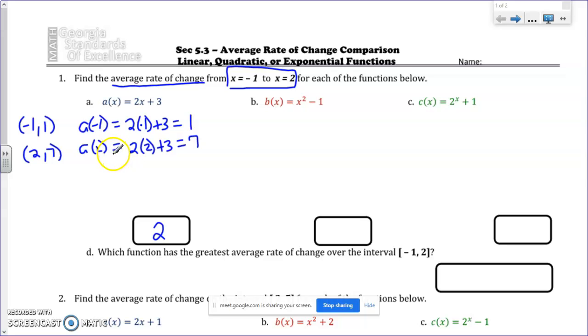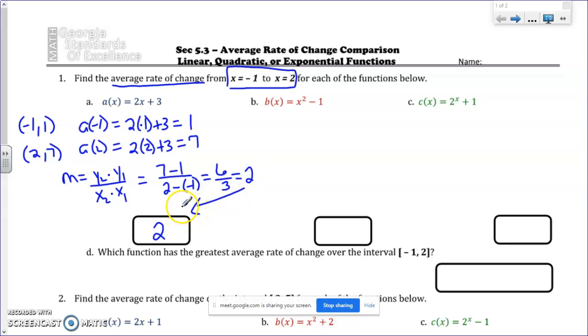Good? Then I use the slope formula, or the rate of change formula, so I get 7 minus 1 over 2 minus -1. Watch your negatives here. So I get 6 over 3, which is 2.